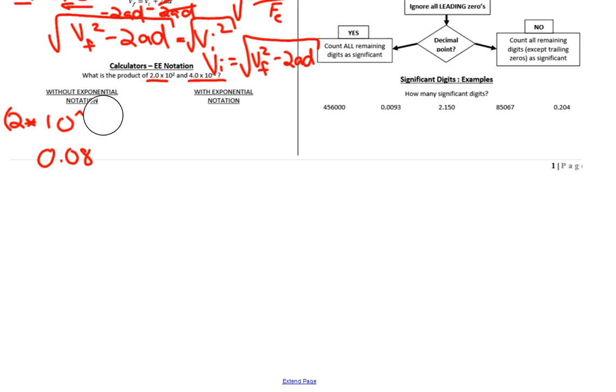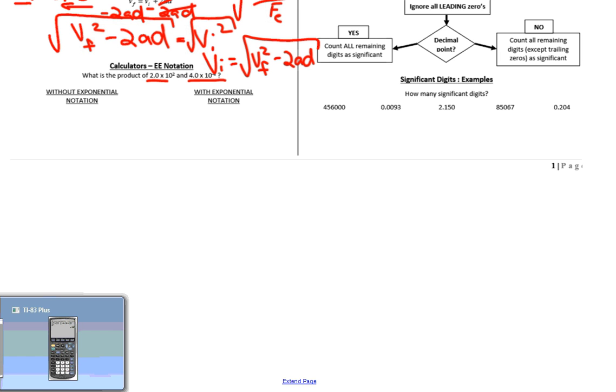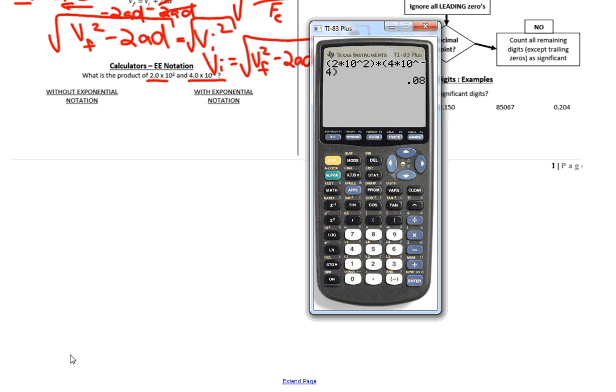If I do it in exponential notation, I'm going to use this button, the EE button. The EE button on your calculator is right above your comma. So I'm going to type in 2, second, comma, and that gets me the E to the second, times 4, second, E to the minus 4.